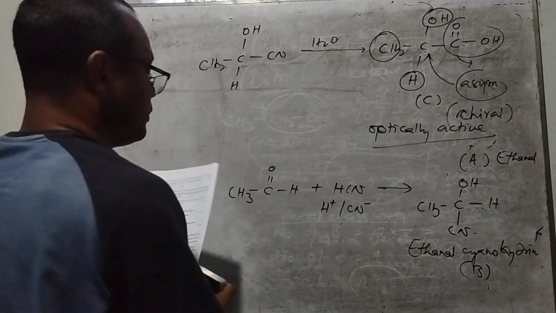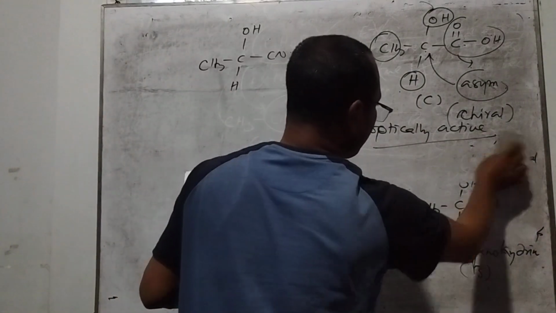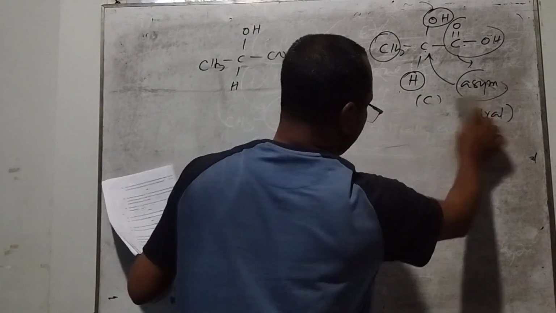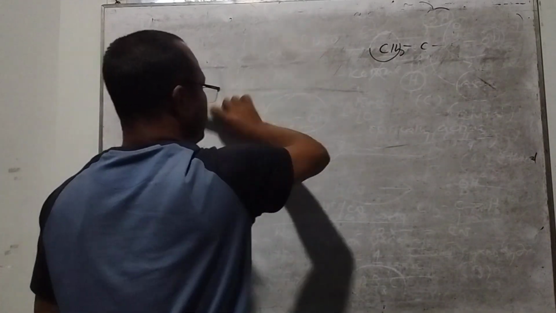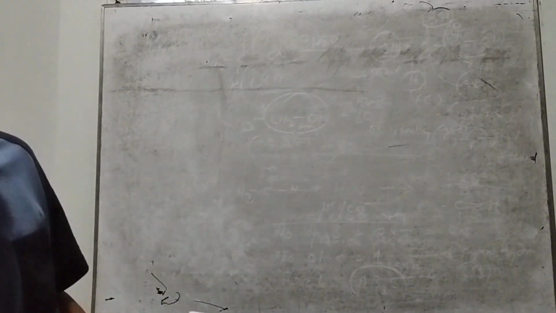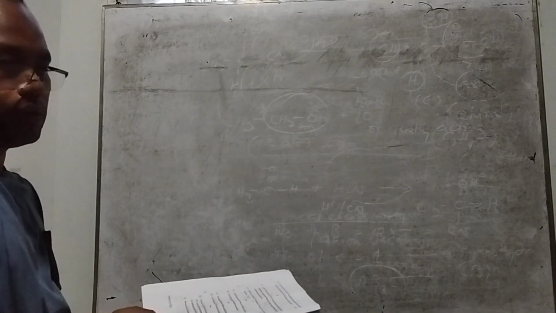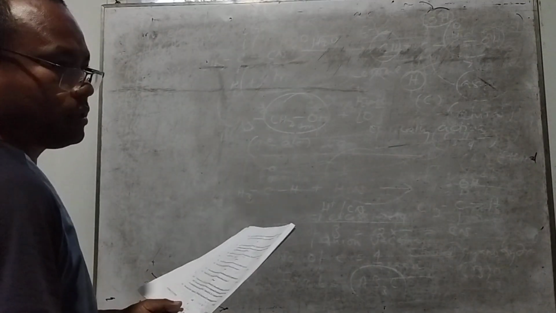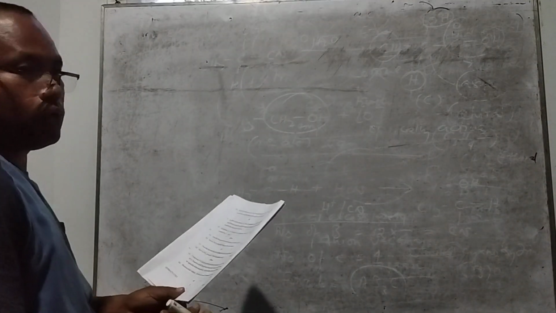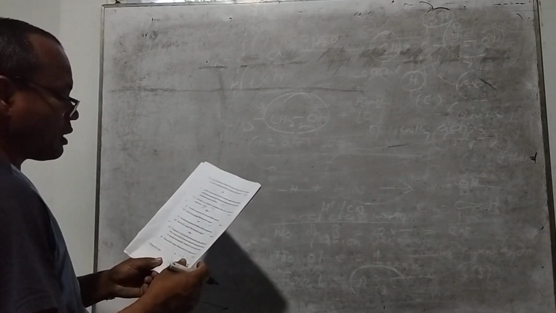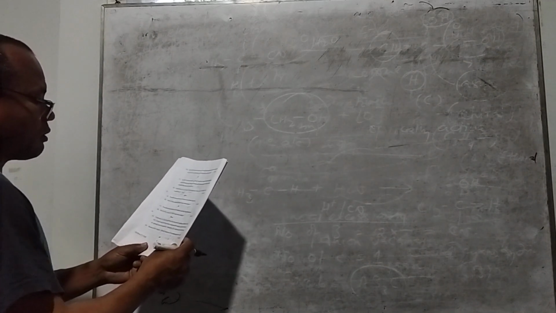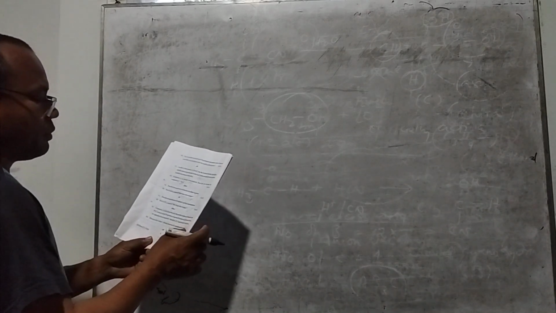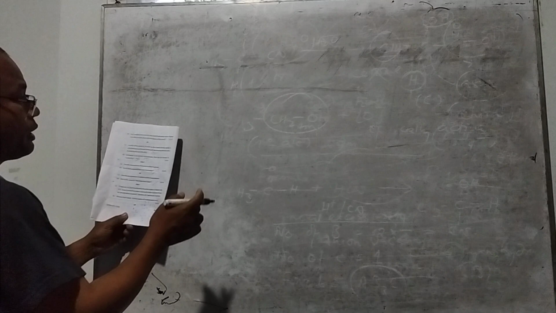Next, the Hell-Volhard-Zelinsky reaction. We know that it is the replacement of the alpha hydrogen by halogen atoms, that is, halogenation. What compound is given in this reaction? 2-methyl propanoic acid.